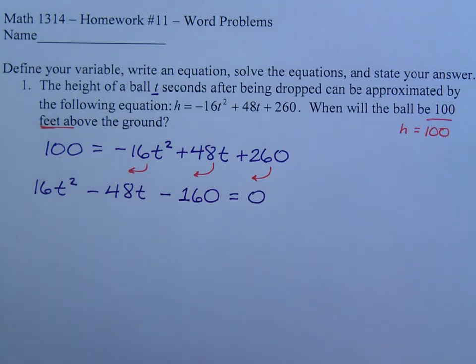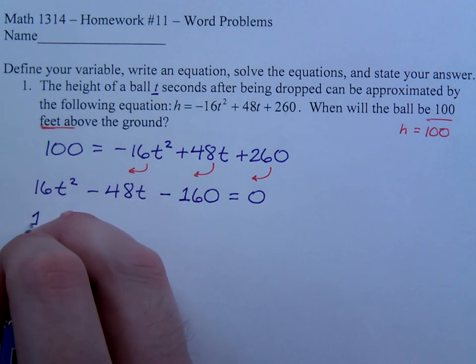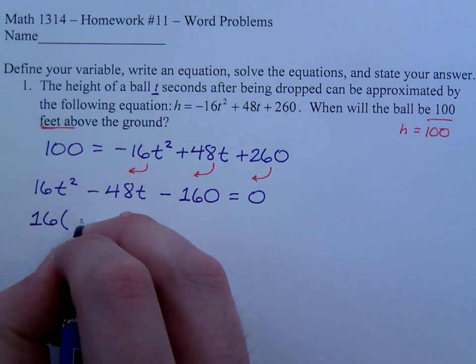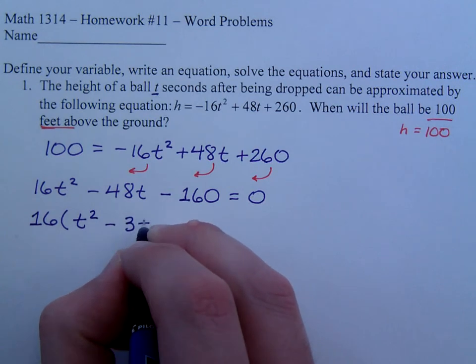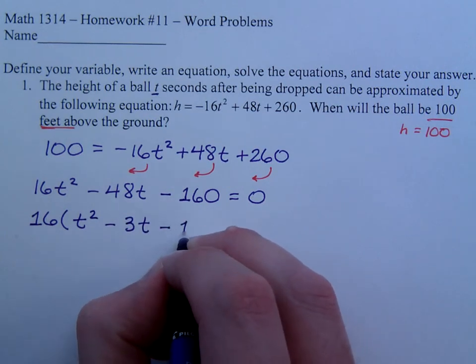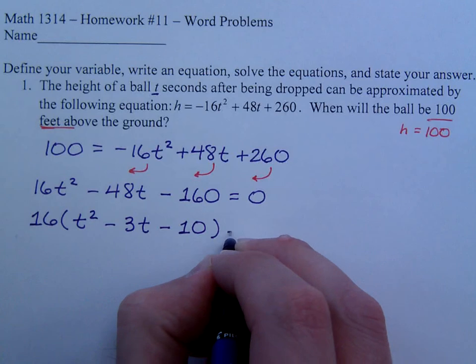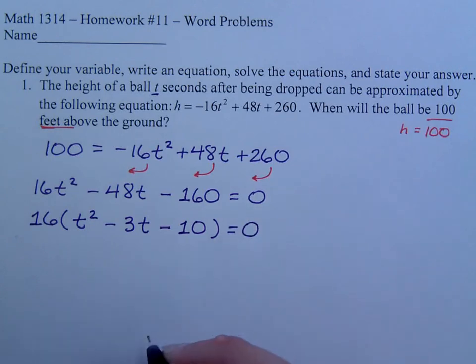And now I just need to solve this quadratic equation. Now you could go straight to quadratic formula, but I would not choose that. Instead, recognize that everything has a common factor of 16. If you factor that out, you have t squared minus 3t minus 10 is equal to 0.